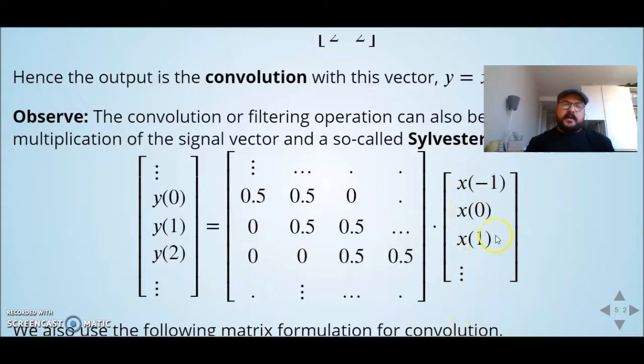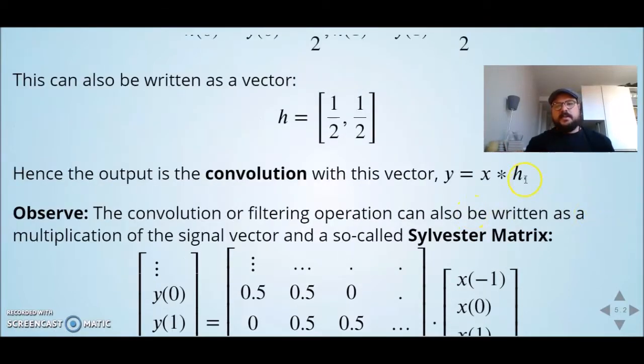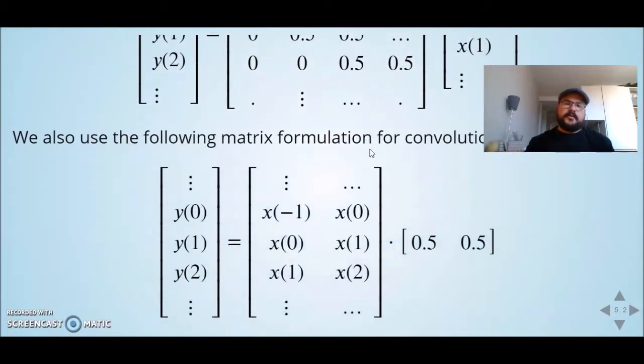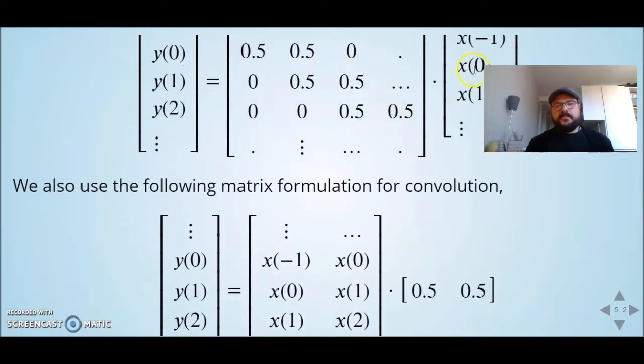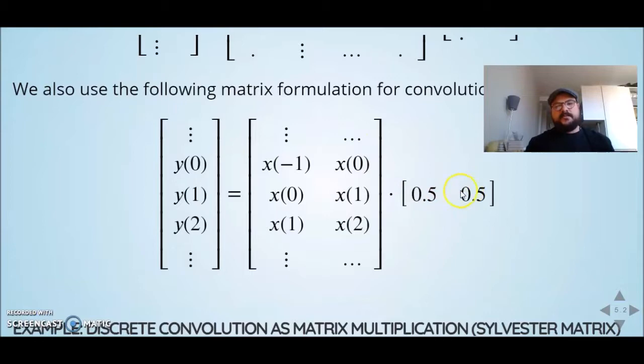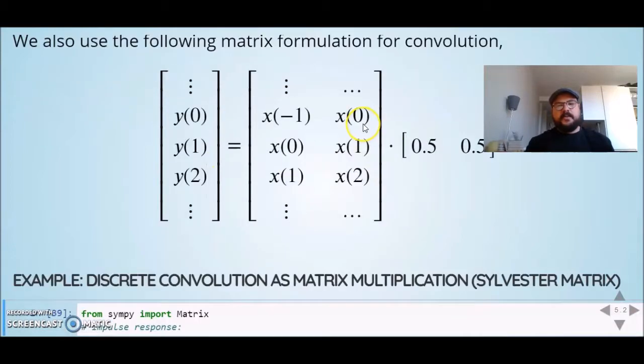So we have our input vector, we multiply by the Sylvester matrix, and we have an output which is the discrete convolution. We can also change the shape of our input signal and do a matrix multiplication with the impulse response vector, and we still have the convolution.